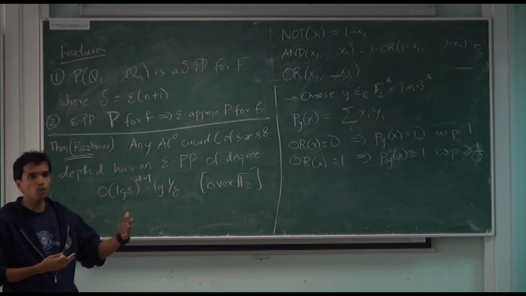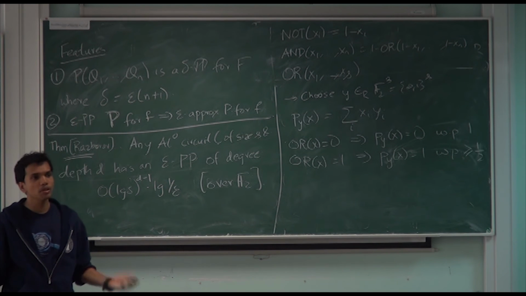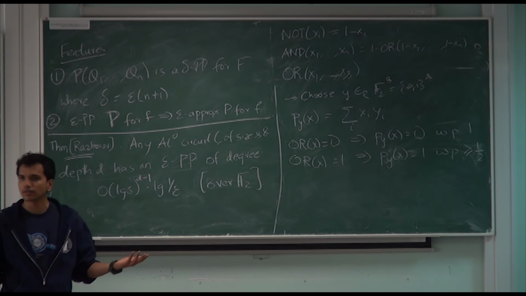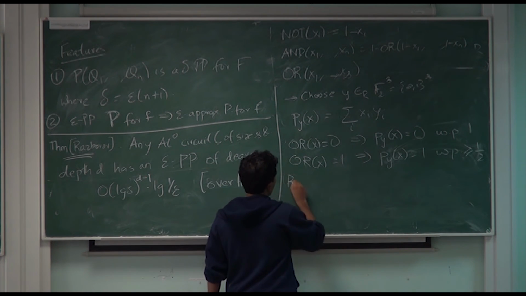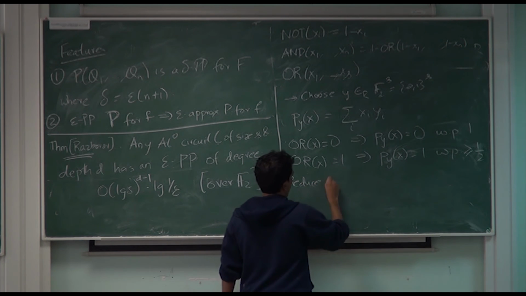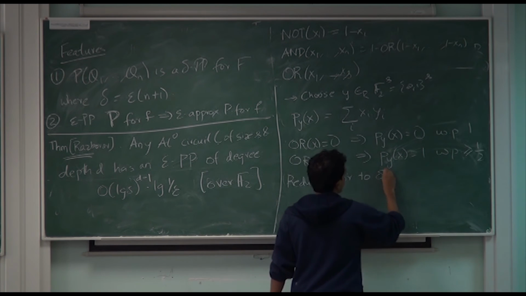So what we want to do is reduce the error. We have a one-sided error algorithm and we want to reduce the error. So what do we do? We run it a bunch of times and we take the OR. So reduce the error to epsilon, or maybe to delta.